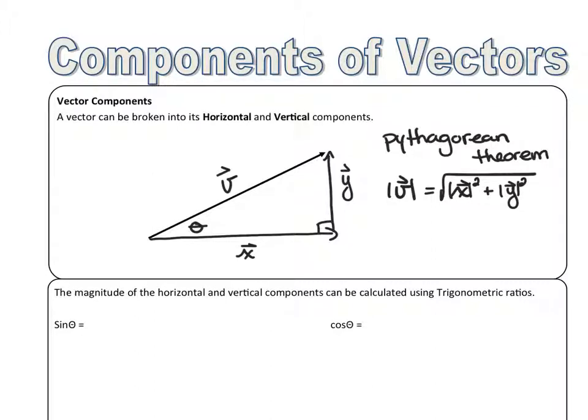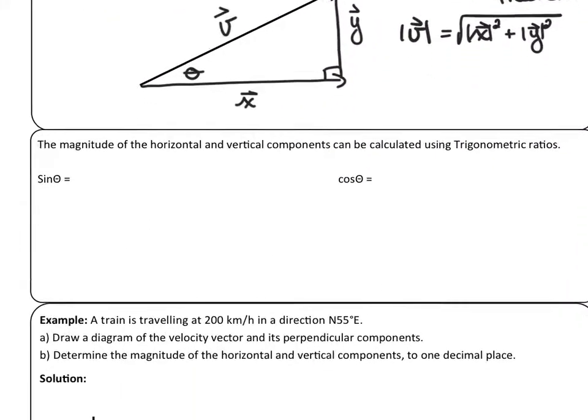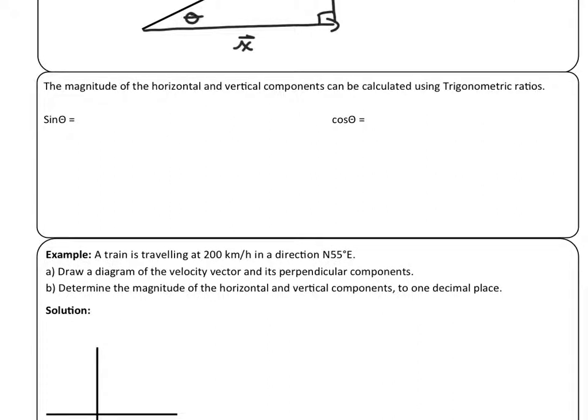We can also use trigonometry. The magnitude of the horizontal and vertical components can be calculated using trig ratios. So sine of theta is going to be the magnitude of y, or the length of y, divided by the length of our vector.